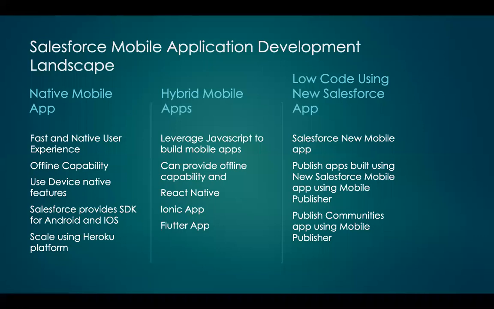You want to use device features, not just cameras or anything, maybe advanced device features like microphone or the storage of your device, etc. So for those cases, where you want really good fast user experience, that's what your users are actually looking for. So for that, you have to go with the native mobile approach.